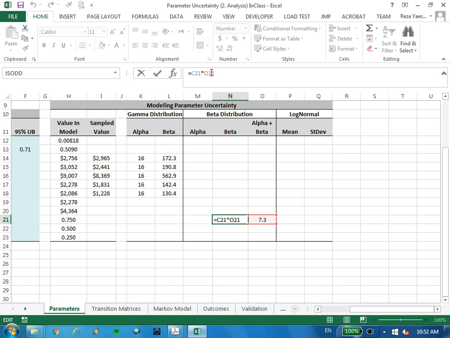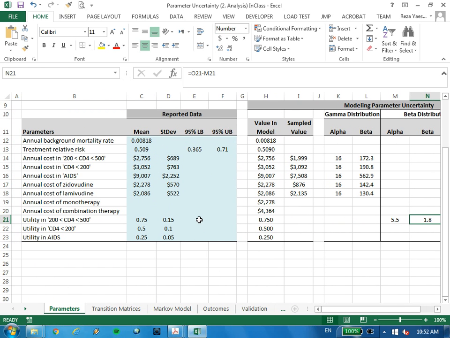That's in alpha, right? Not beta. Oh, thank you, yes. All right, so I have alpha, and alpha plus beta. So then beta is just alpha plus beta minus alpha.